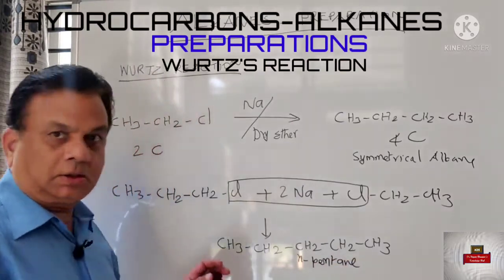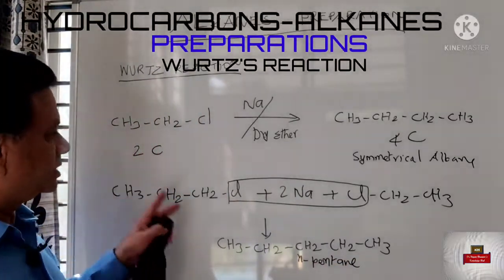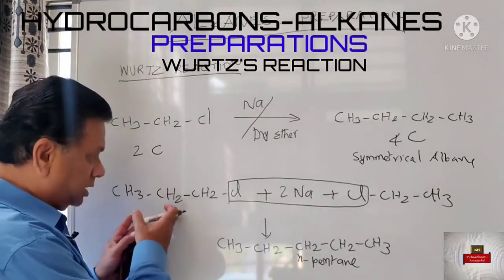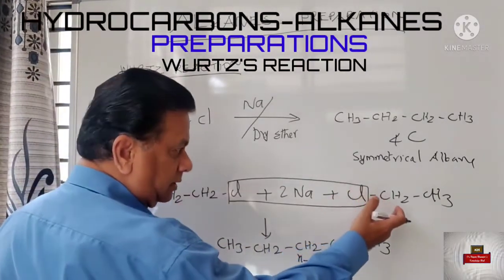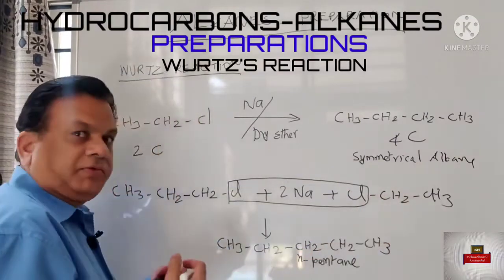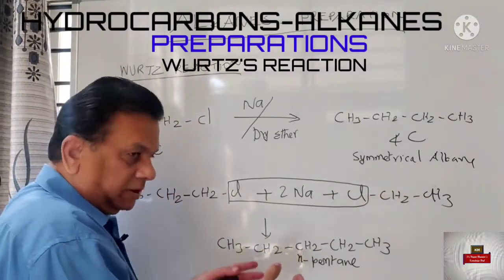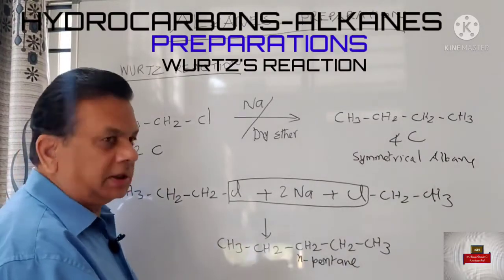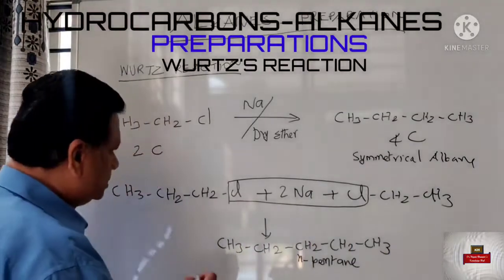Now the problem with this Wood's reaction is, here one compound has 3 carbons and another has 2 carbons. So what we expected, we got. But unfortunately, there will be other products. They also form side by side. What are those?